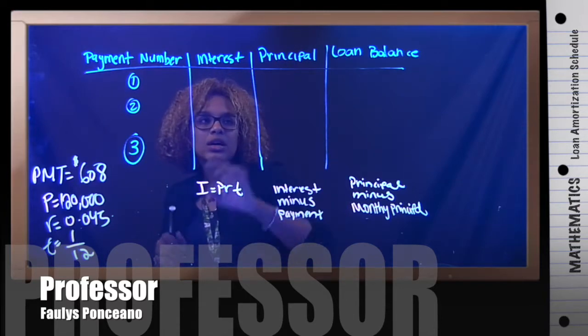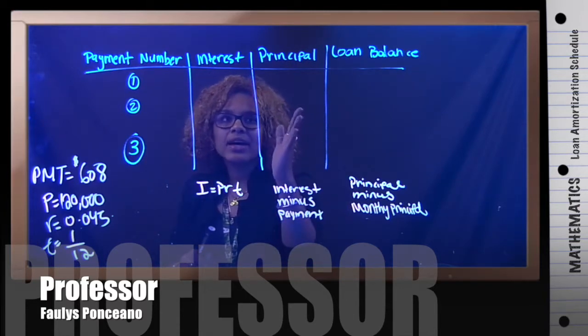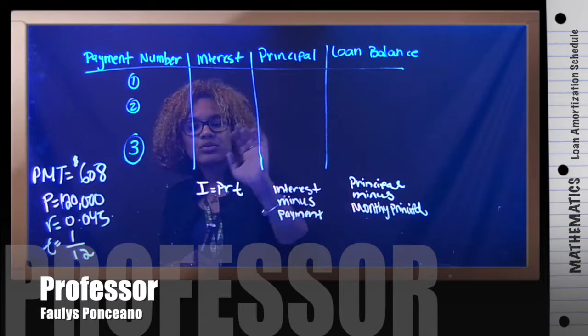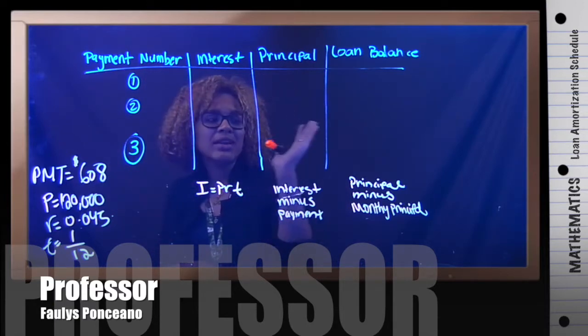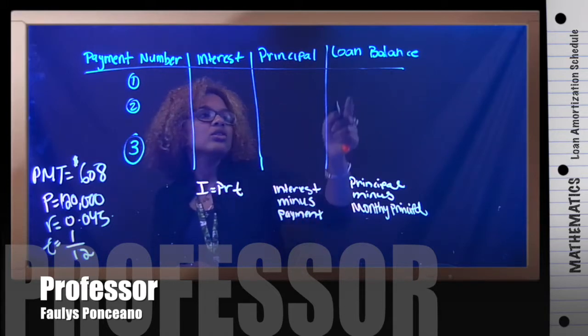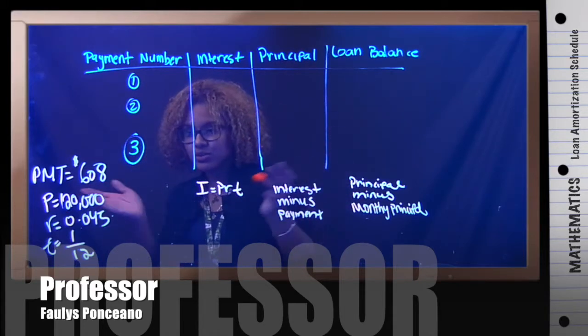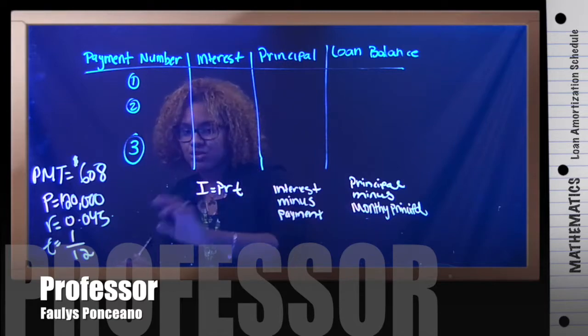Now, the principal, we're going to find that from the calculations of using the interest formula and the monthly payment. And then the subtraction, we'll subtract to find the loan balance. So let's do one step at a time. Let's first find the interest.